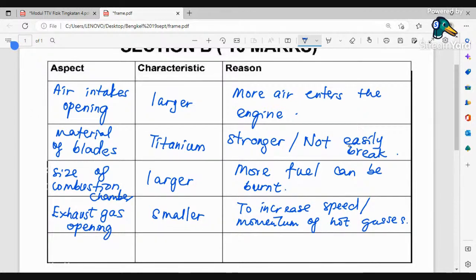So your choice is what? S. S is chosen. Kenapa? Tulis mula yang bawah. Larger air intake opening. Titanium blade.